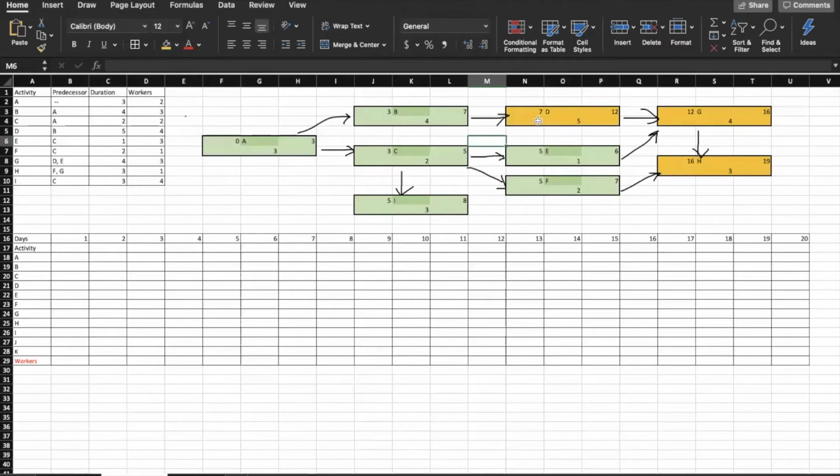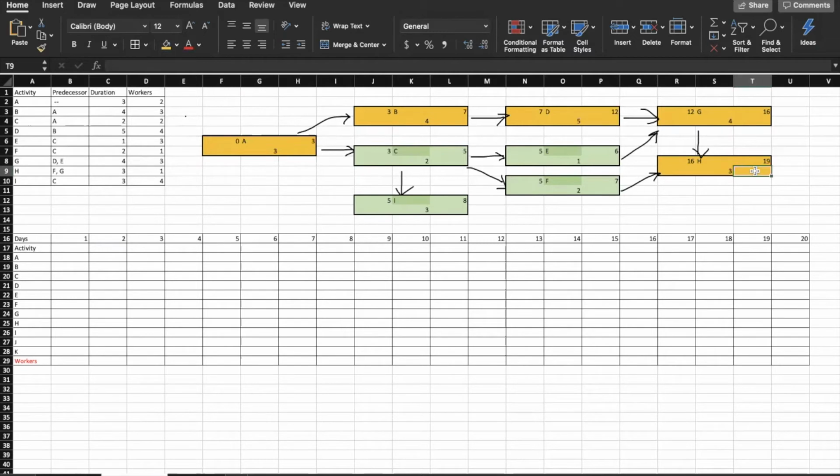Looking at this predecessor, we only have B, which means that B would be on the critical path, and A is the only predecessor for B, so we are highlighting A as well for the critical path. So anything that is in orange is part of the critical path, and anything that is in green is not and has some wiggle room.